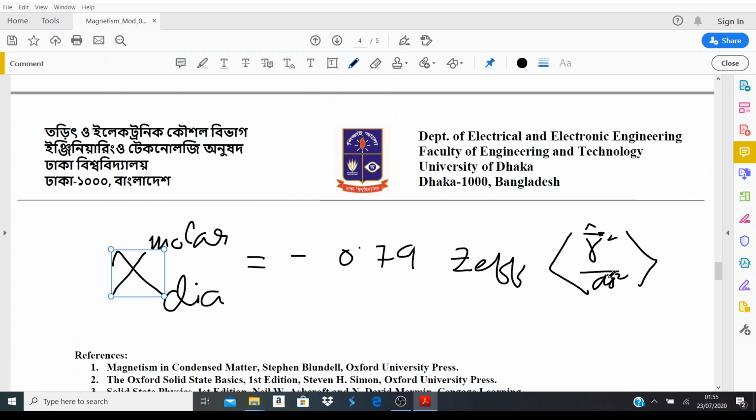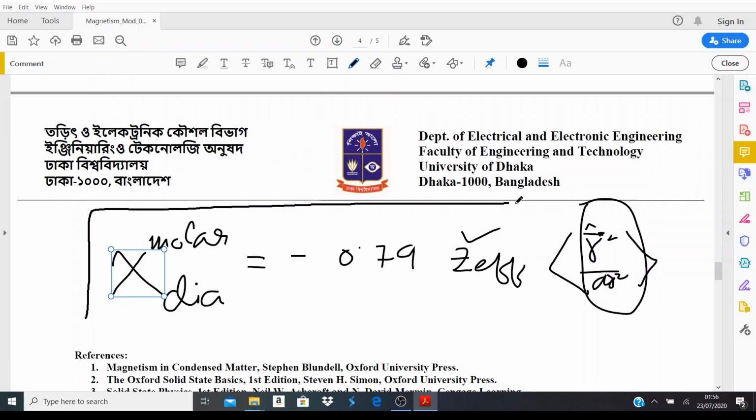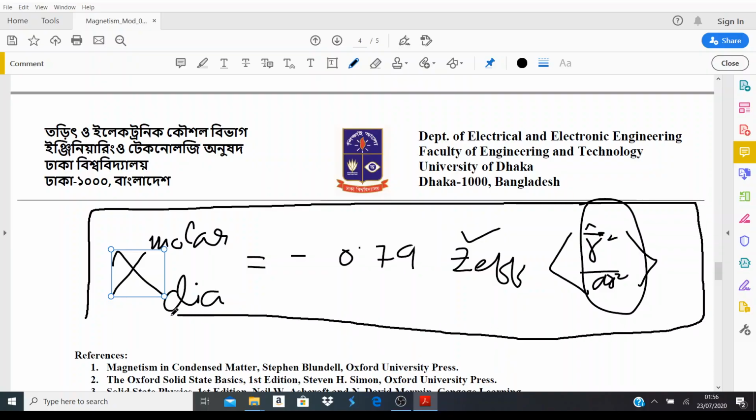And the idea is that this quantity is usually tabulated for different ions. So you know these values of r squared by a naught squared, and you know what Z effective is. You can easily estimate your diamagnetic susceptibility and compare it with your experimental data. So this is the final expression for the diamagnetic susceptibility of a piece of material where we have atoms in a closed shell structure, using quantum mechanics.